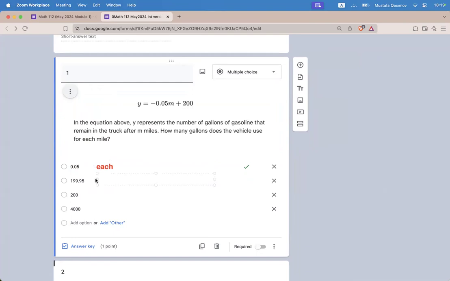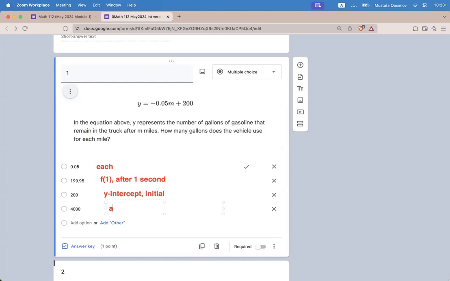If it's f of 1, or after 1 second, then it will be b. If it asks what the initial value was, or the initial gallons of gasoline, then it will be 200.